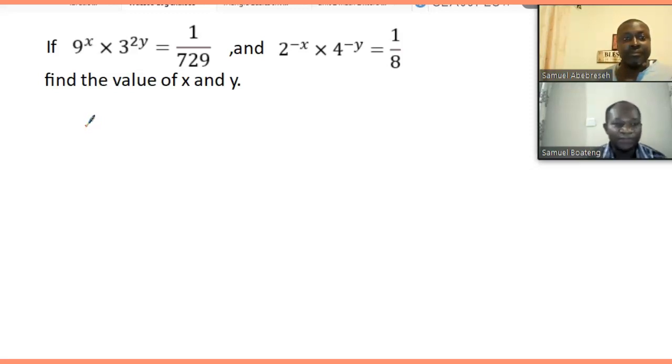So for the first equation, let's make use of the laws and properties to simplify them. For the first equation, we have 9 raised to the power x, the base is 9, and then 3 raised to the power 2y equal to 1 on 729. So 9 raised to the power x, we can rewrite 9 in terms of 3 as 3 raised to the power 2.